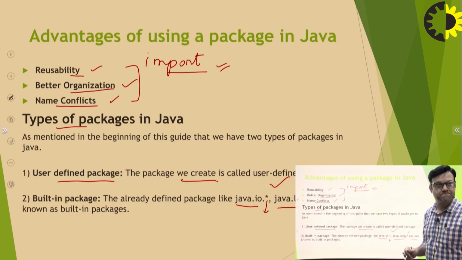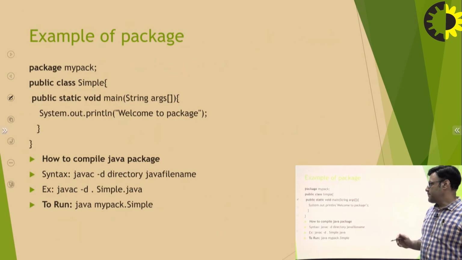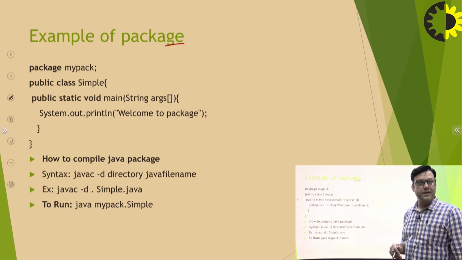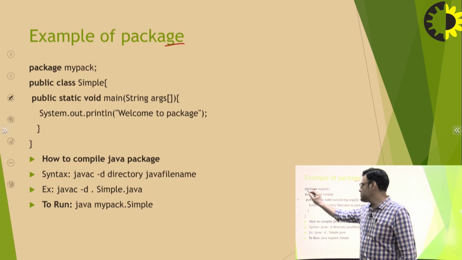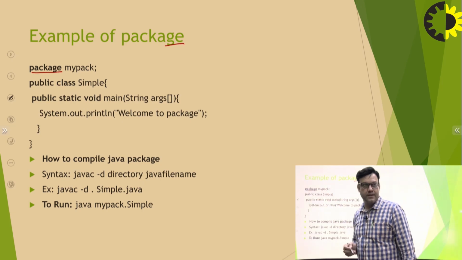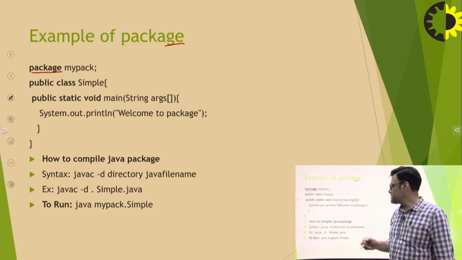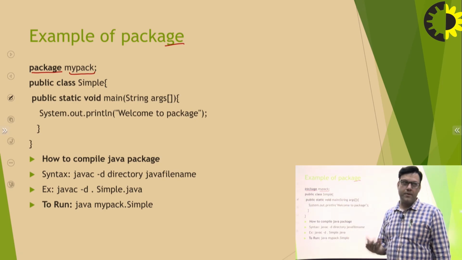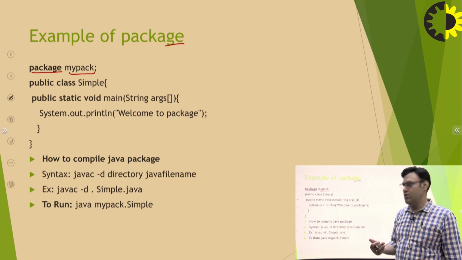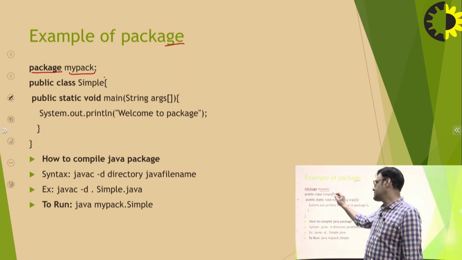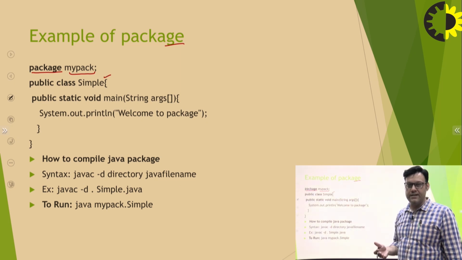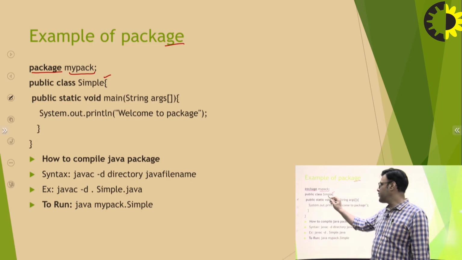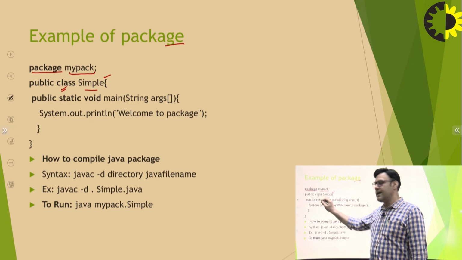Now let me illustrate with the help of a simple example. For making a package, I use the keyword package, then the name I want to keep for my package, that is mypack. Then public class Simple, as we know Java is an object-oriented programming language, so we need to define a class.